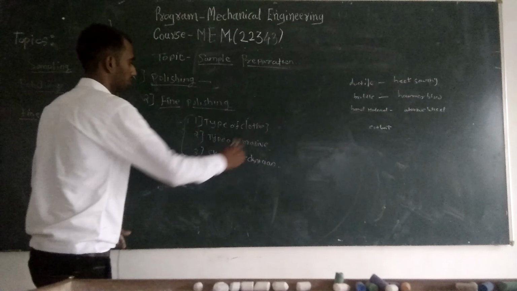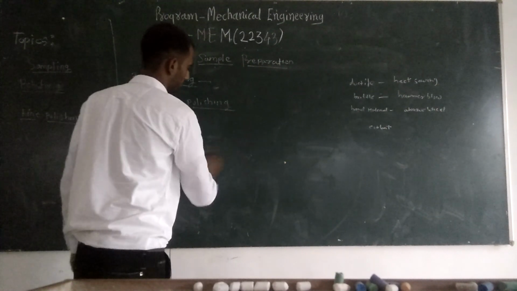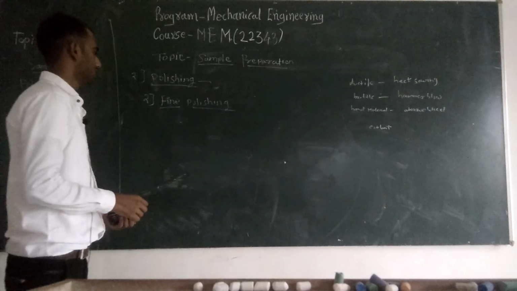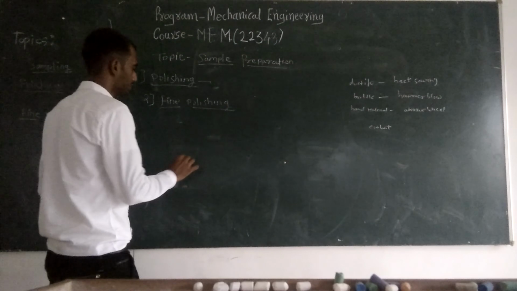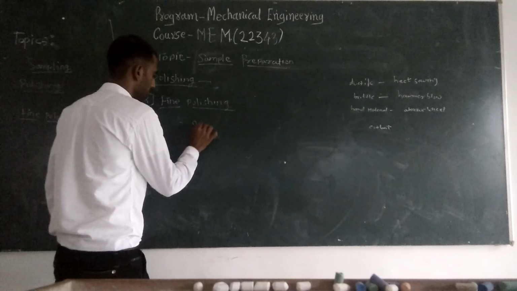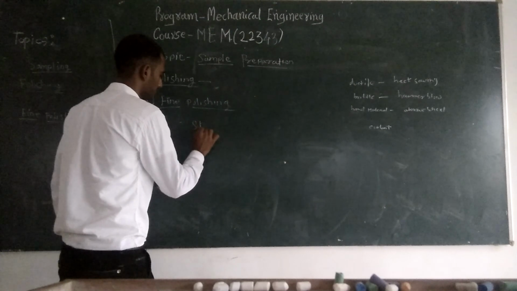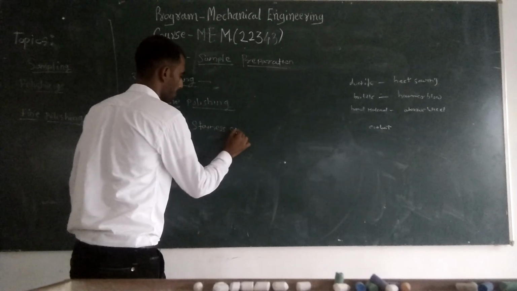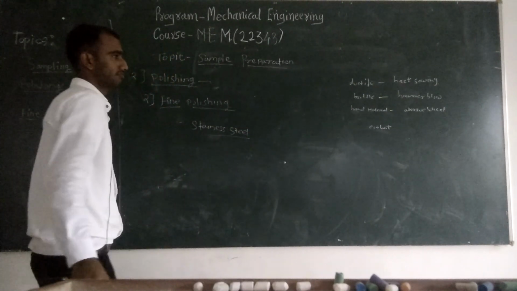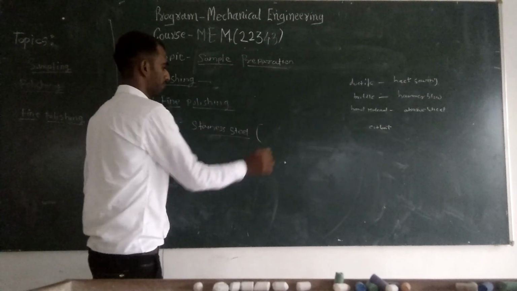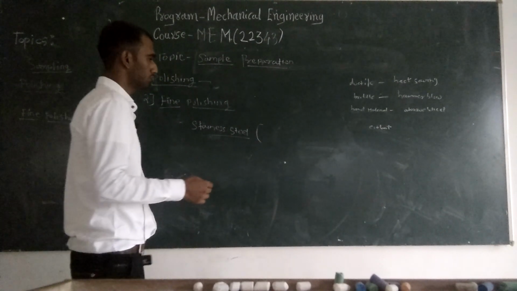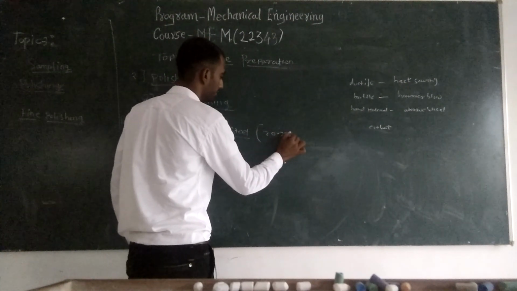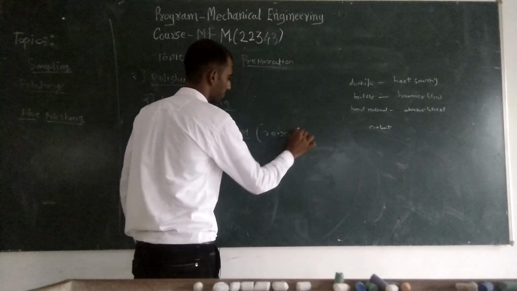After completing the fine polishing, the specimen is polished on a disc which is made up of stainless steel. The size of the disc on which you polish your specimen is 20 to 25 centimeters.